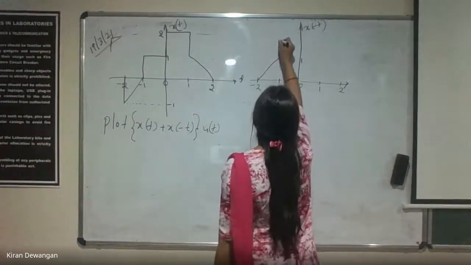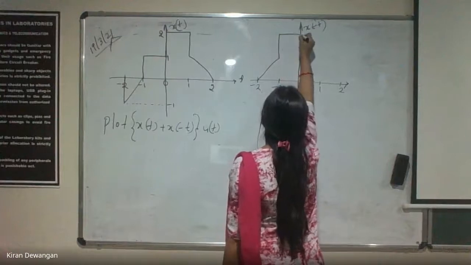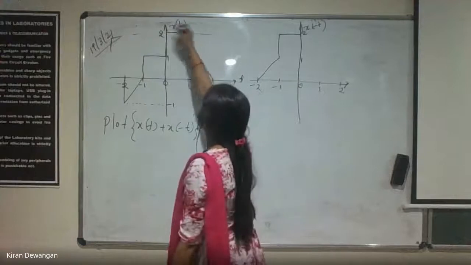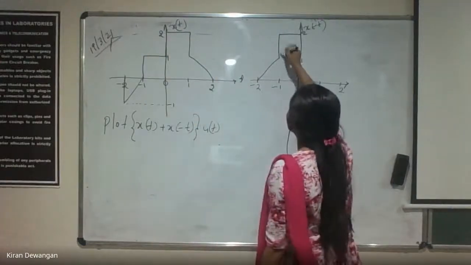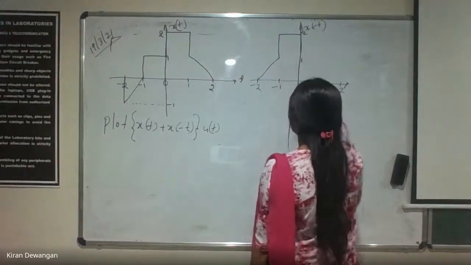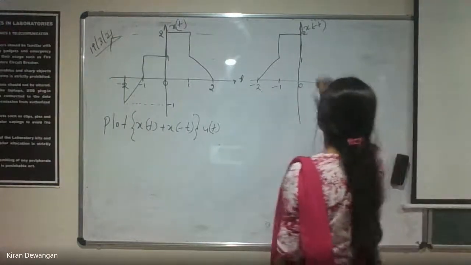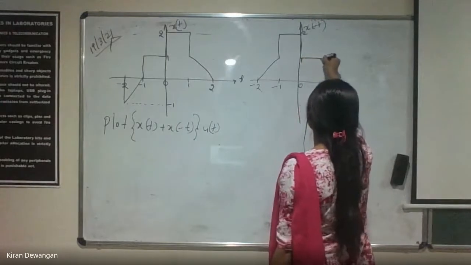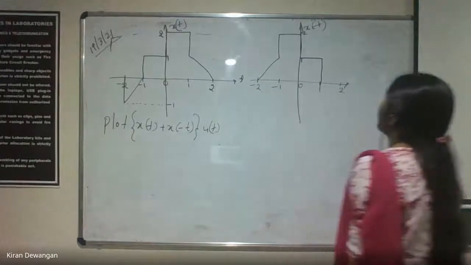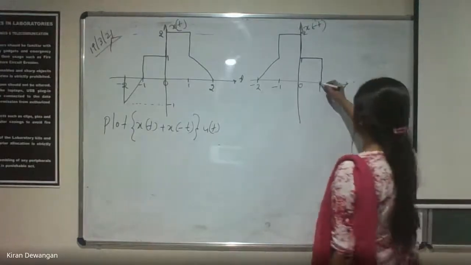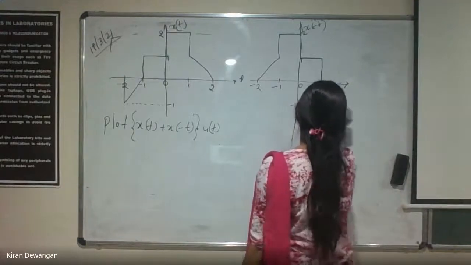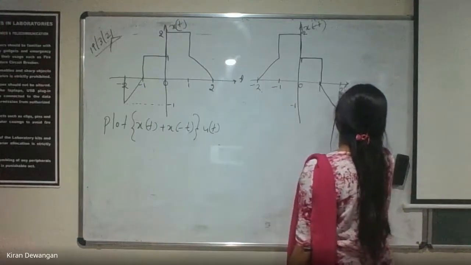This value is increasing, is coming to 2. Okay? So we are going in the opposite side. So this is starting, is going in this direction. Now there is a drop till 1. There is a drop at 1. Now this is constantly 1 till 1. At 1 again there is a drop. Now at this point it is reducing and it is coming to -1. At 2 it's like this.